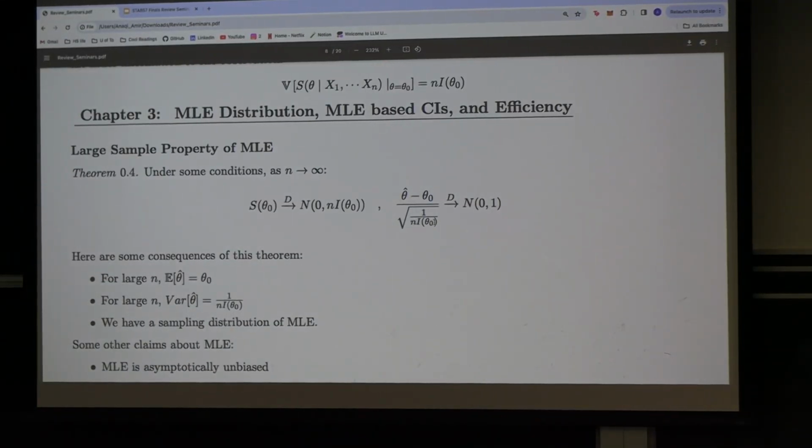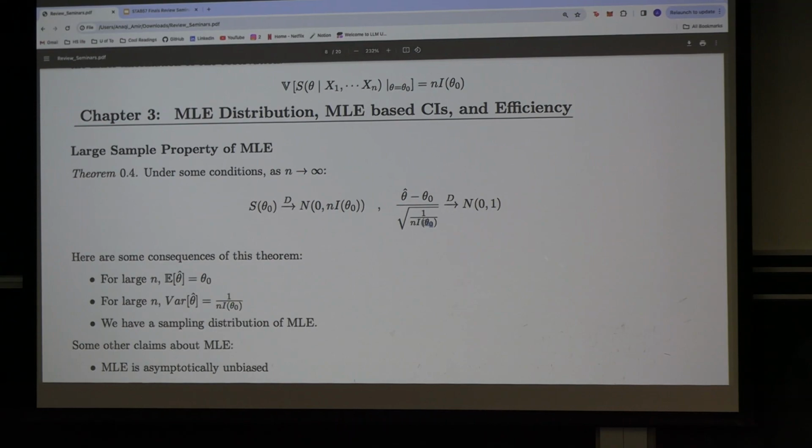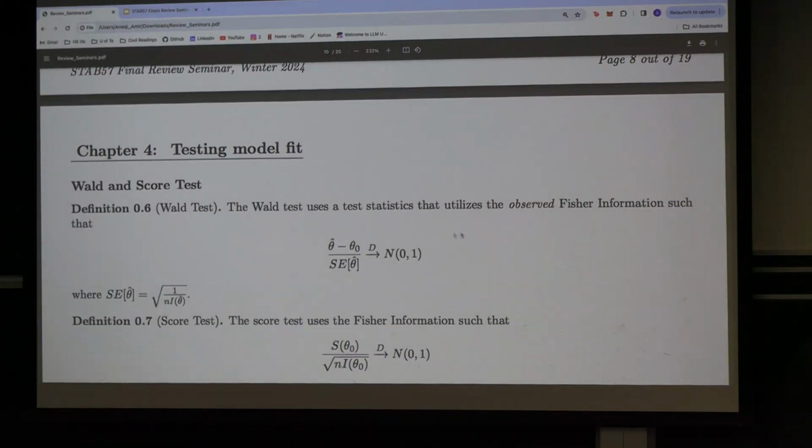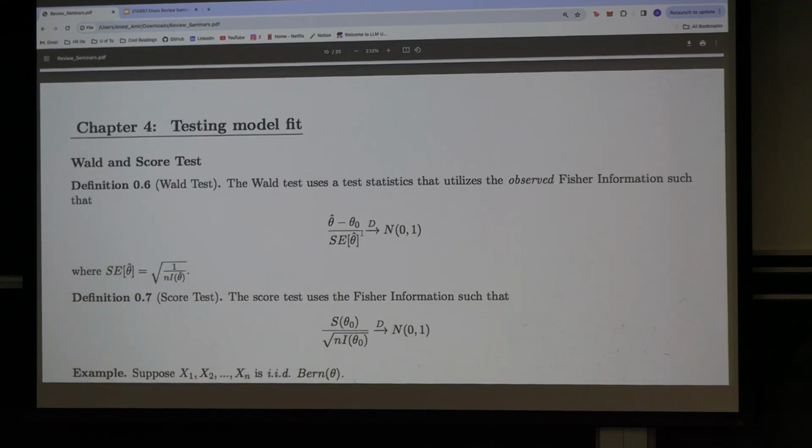The only thing that's different is in this you have the Fisher information using this unknown true parameter, whereas in our case, we just use the MLE instead. That's the only difference. So we can use this test statistic, and it's essentially that result, but we're using the MLE.